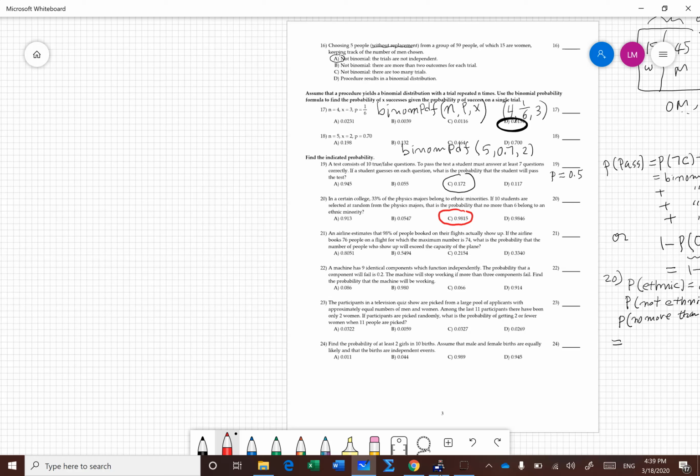In other words, when 100 people make a booking, 2 people don't show up, 98 show up. Now, if an airline booked 76 people on a flight for which the maximum is 74, are they overbooking? 2 people are not going to have a seat if they all show up. But like I said, probability says not everybody shows up.